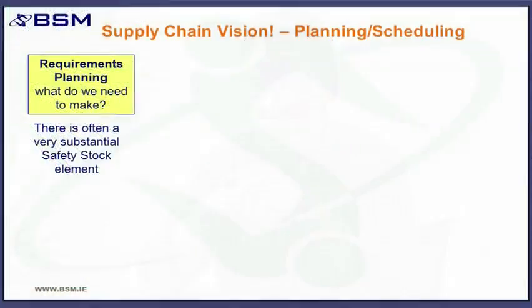So what I'm now showing you is a very simple high-level flowchart of, let's say, planning activities in an overall pharmaceutical value stream. When I talk about planning, I always talk about 3 boxes. The first box is requirements planning. The question that answers is, what do we actually need to make in order to meet the requirements of the supply chain?